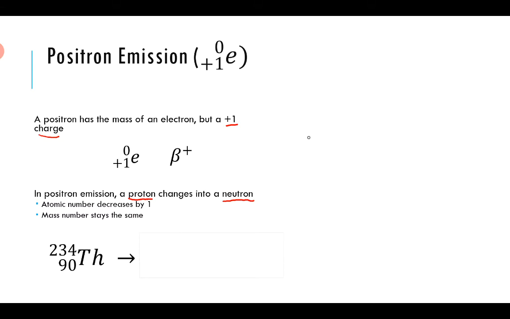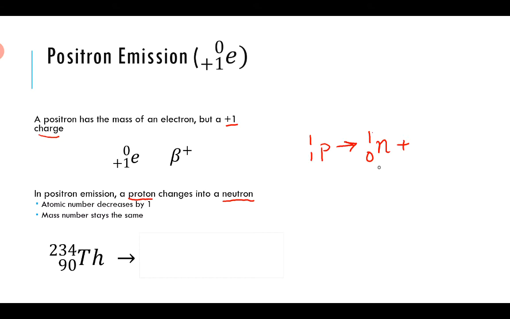So let's write a nuclear equation for a proton changing into a neutron. A neutron has a mass number of 1 and an atomic number of 0.